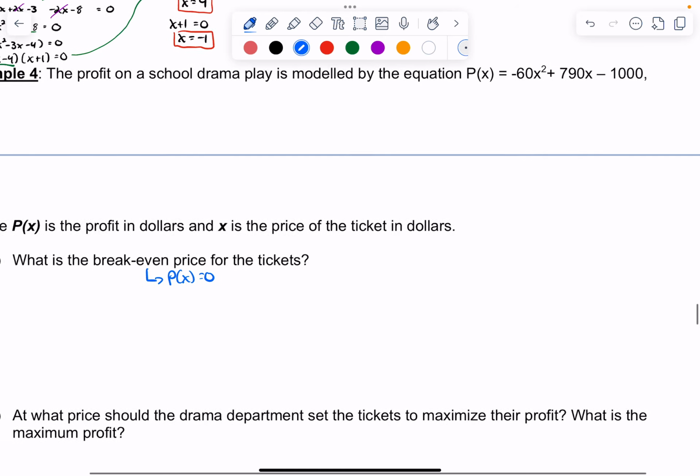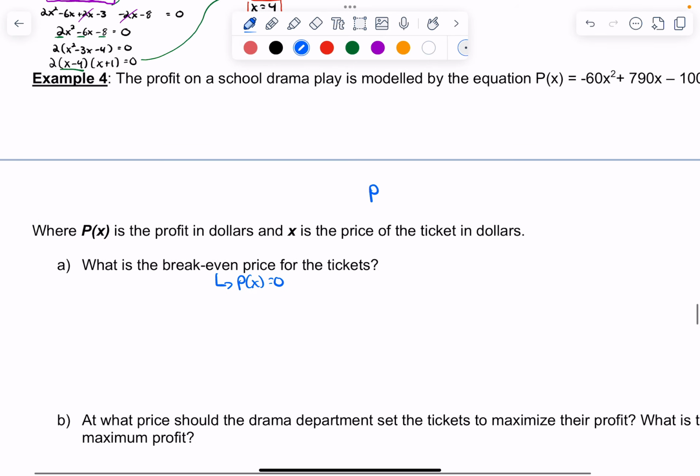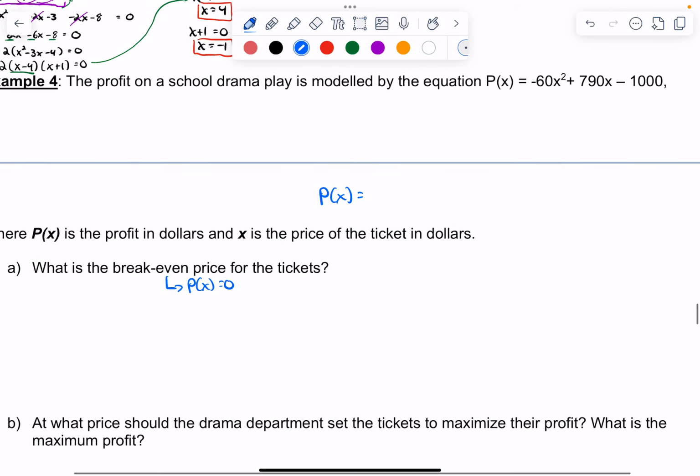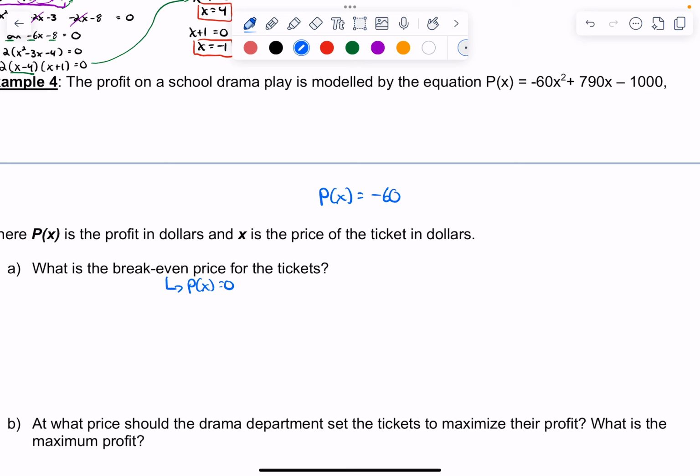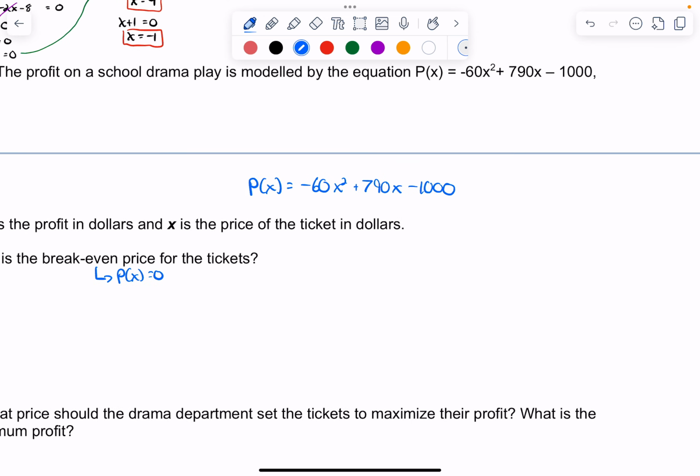So you want to set this to 0, so 0 equals all of that. Can you factor this?